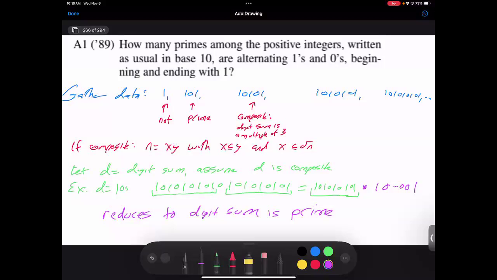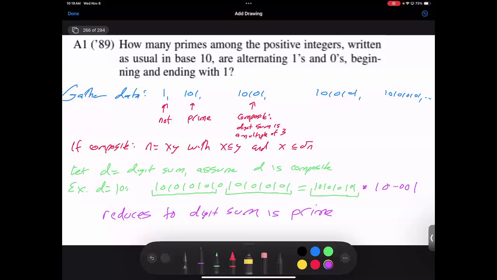So what this is telling us is that if the digit sum is composite, it's clearly not going to be a prime. That's not the same as saying that if the digit sum is prime, then it's prime. It just says those are the only numbers you need to look at. So one way to attack this problem is to try to say, well, can I somehow use the digit sum to help?